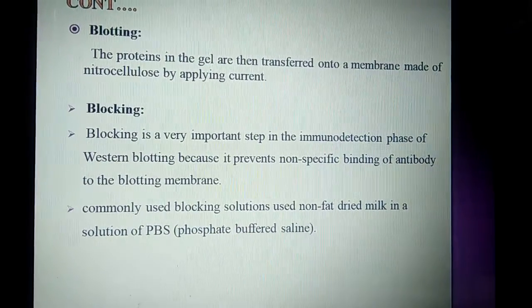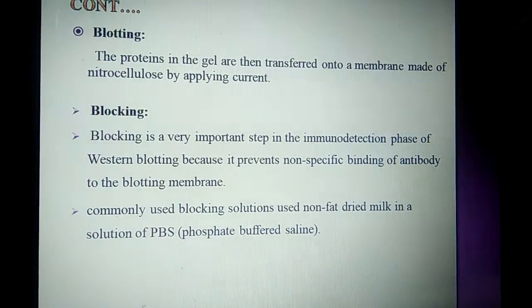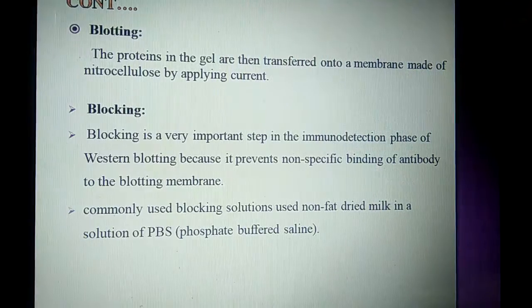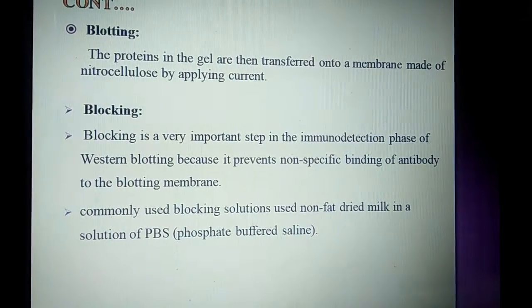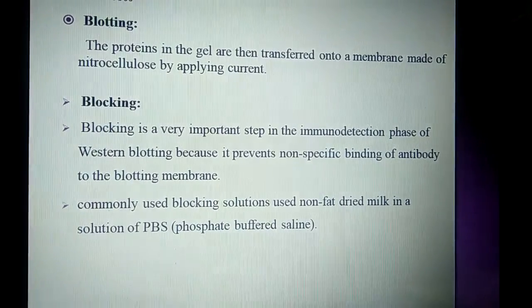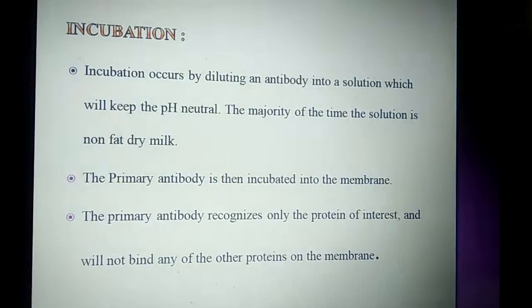Because it prevents the binding of the non-specific antibodies onto the blotting membrane. What is non-specific binding? It is binding of an antibody that does not have an epitope for the specific antibody. Therefore, blocking is important so that the rest of the antibodies do not bind to the proteins.